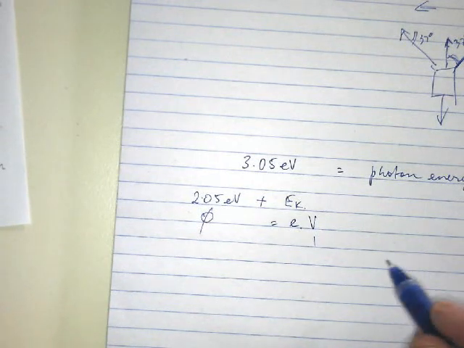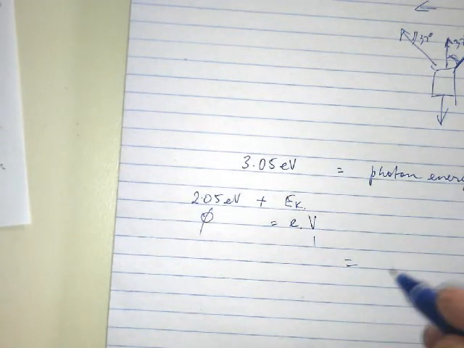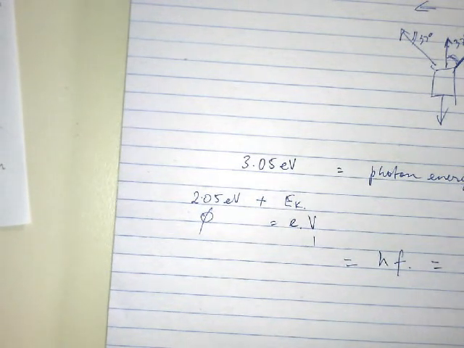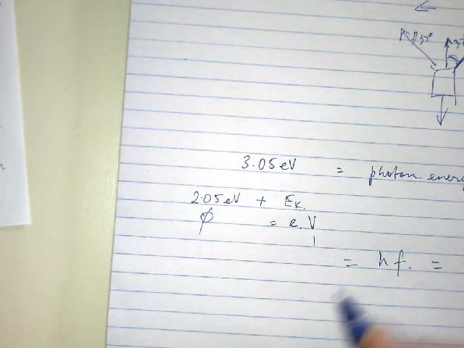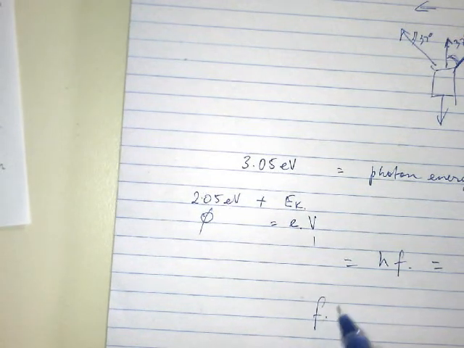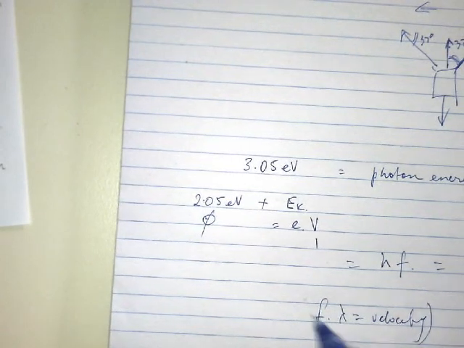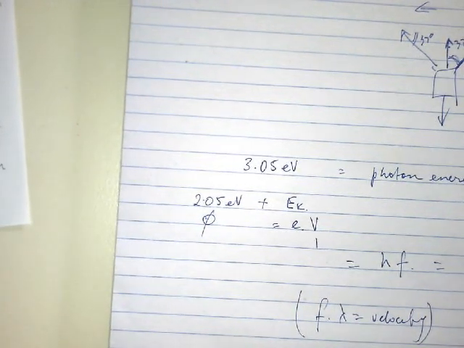And then what we're saying is, we know the photon energy, it's Planck's constant times the frequency, but we want a wavelength, so we're going to use Planck's constant times the speed of the wave divided by the wavelength of the wave, because for all waves, frequency times wavelength equals velocity. Doesn't matter what sort of wave it is. The wave moves one wavelength in one period.